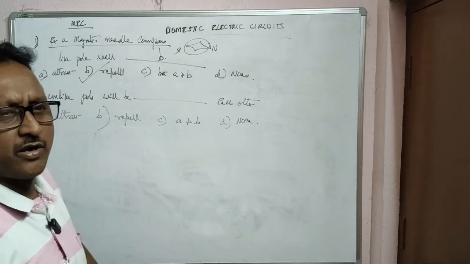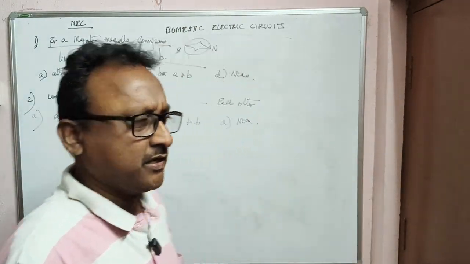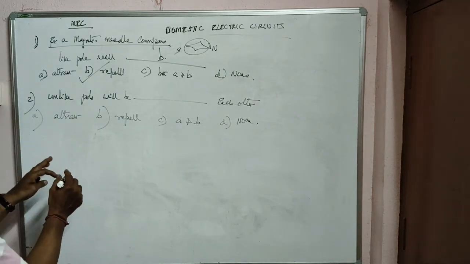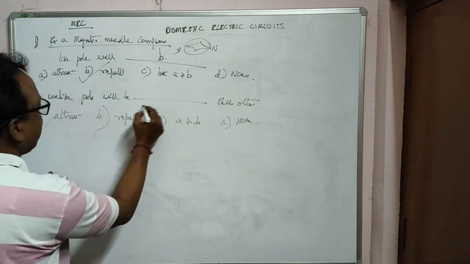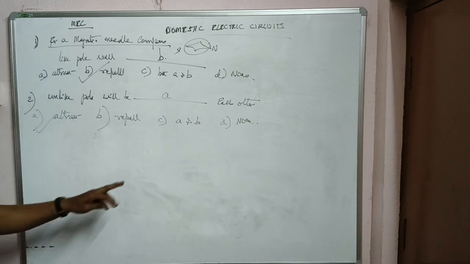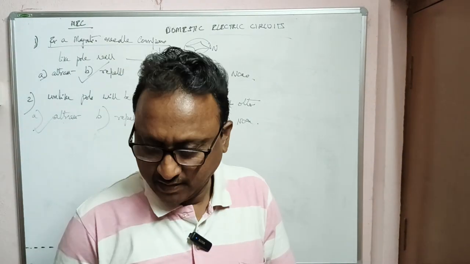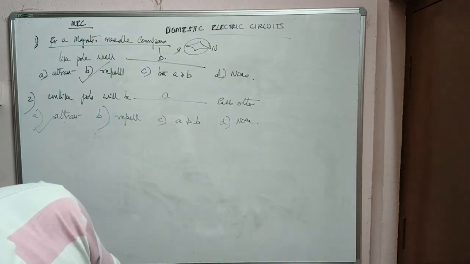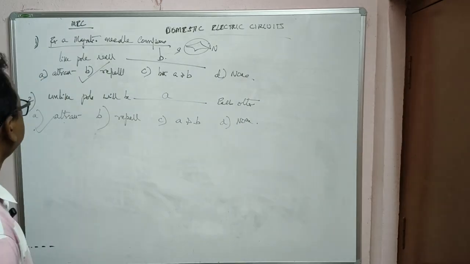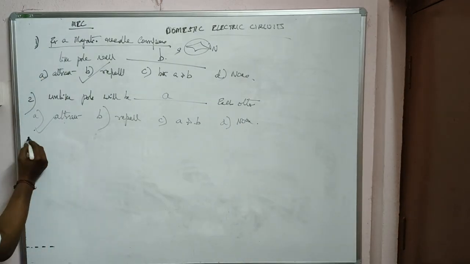Unlike means what? North and south, it may be south and north. So always in nature, unlike poles will be attracting. So A is the answer, not A and B. It will be attracting. Clear?